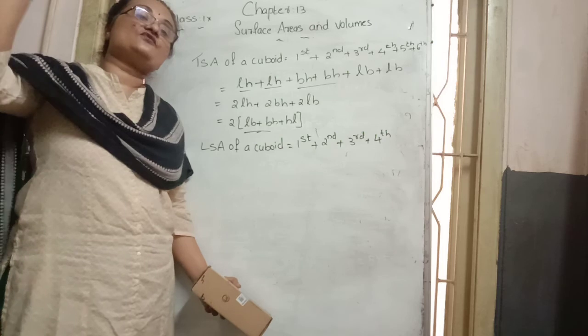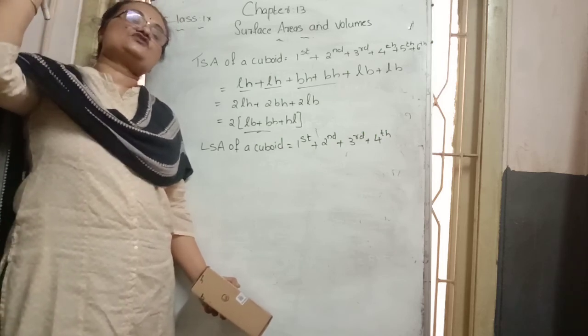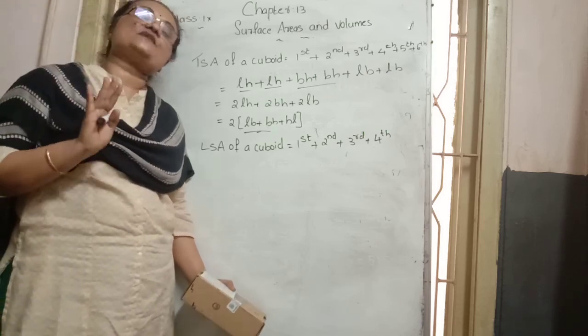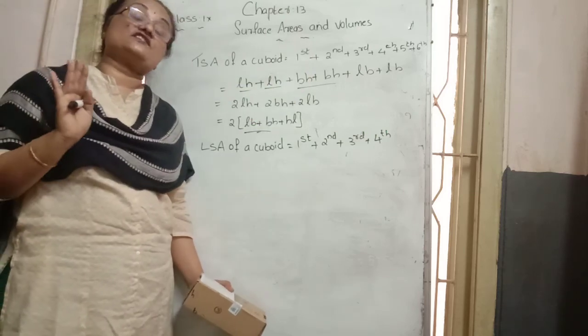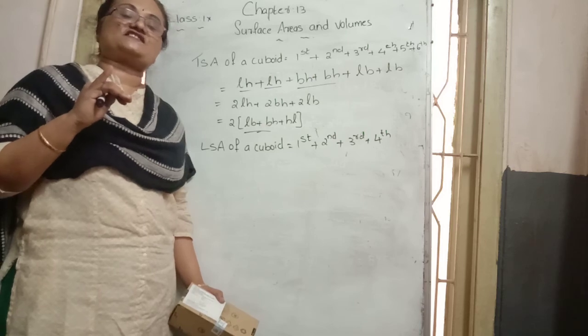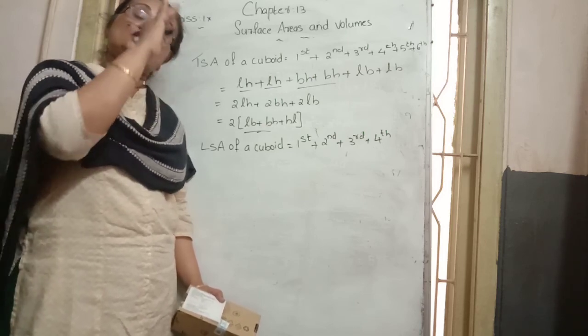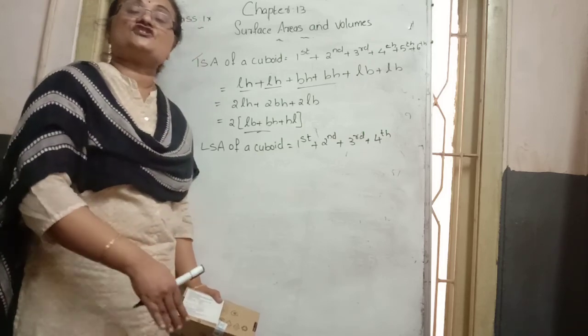How many faces does a room have? Actually, a room has a total of 6 faces. What shape is a room? A cuboid shape. Only the 4 walls we consider, in which situation? Whitewashing the room. In questions where we are whitewashing, whitewash or painting is done on the 4 walls only, not on the floor. Some questions also leave out the top part. In some questions where the ceiling is also whitewashed, we consider the top but not the floor.